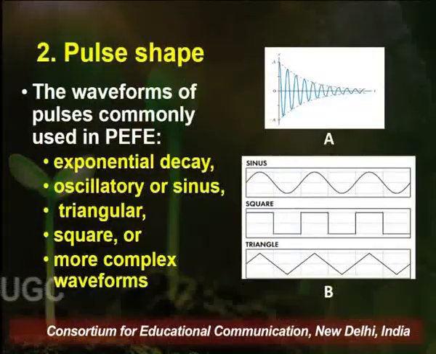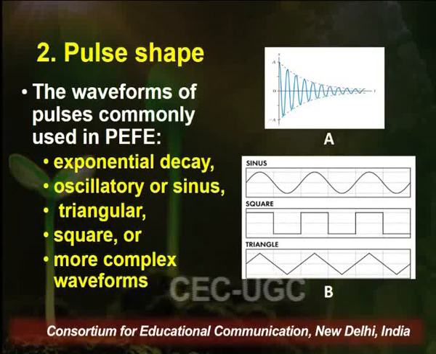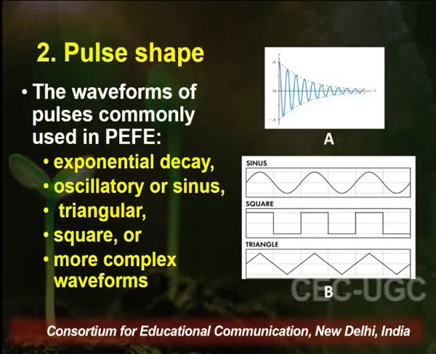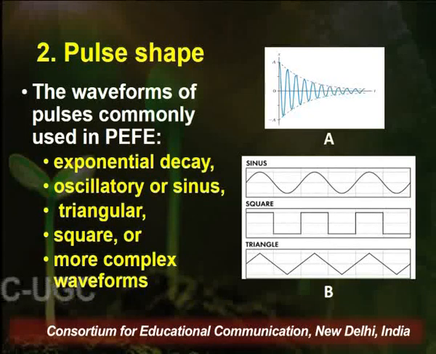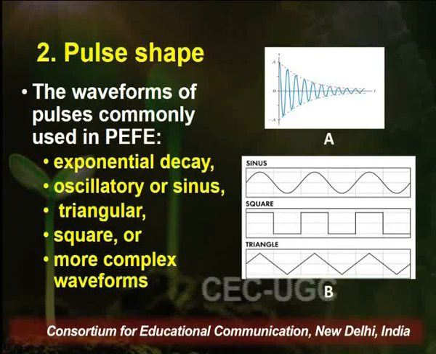Then again there is an increase or burst in the electric intensity, which is again maintained for a specified period of time. And the third type of wave which you can see is the triangular wave, where there is a linear increase in the electric intensity to a particular level, which then decreases sharply in a linear fashion, then again it increases. This is a triangular pulse of electric current.